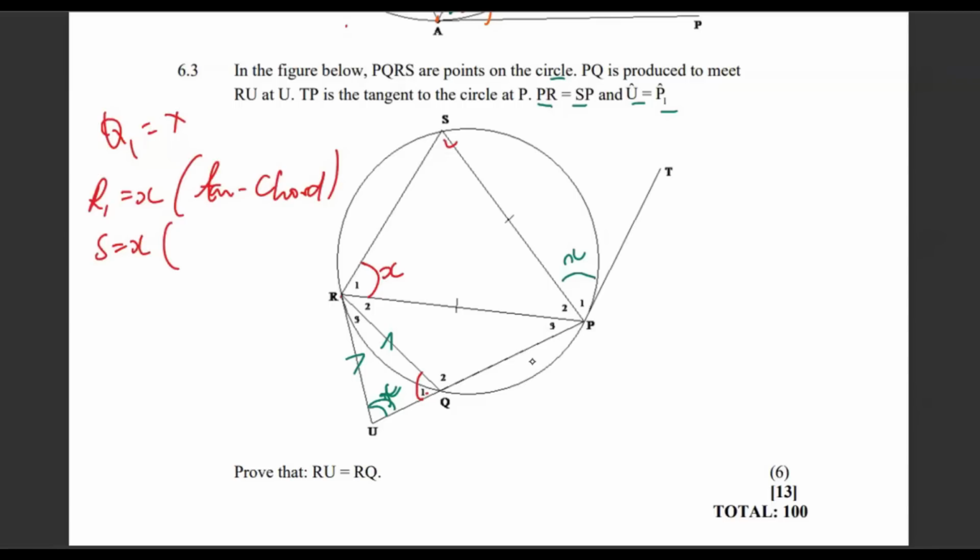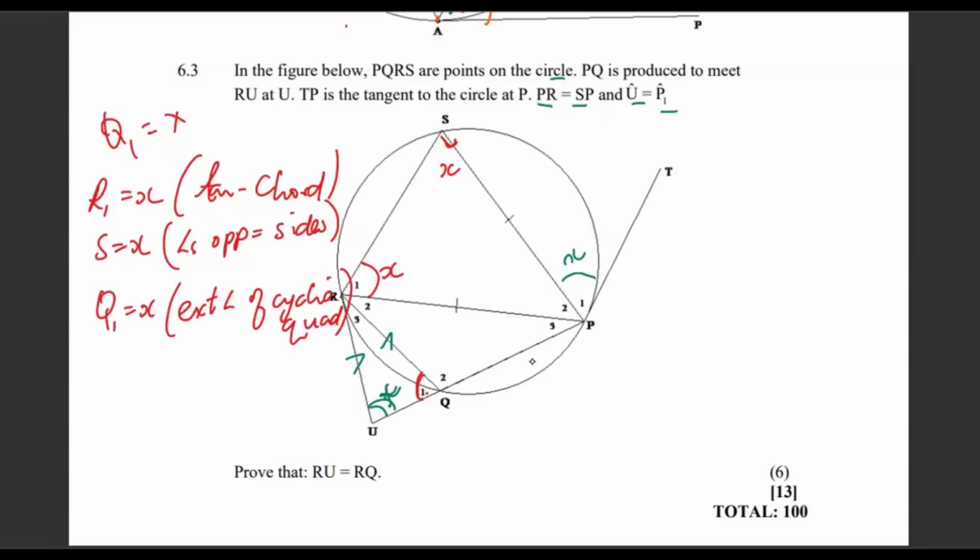It's an isosceles triangle. So we're going to say angles opposite equal sides. Okay, if that is true, we know that this is a cyclic quadrilateral. Then you can tell us that Q1 is going to be X, being the exterior angle of a cyclic quadrilateral. So if that is X, then we're done.